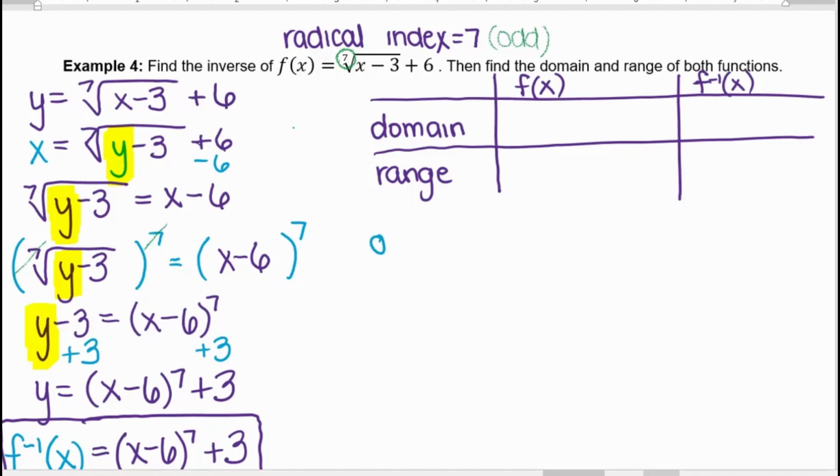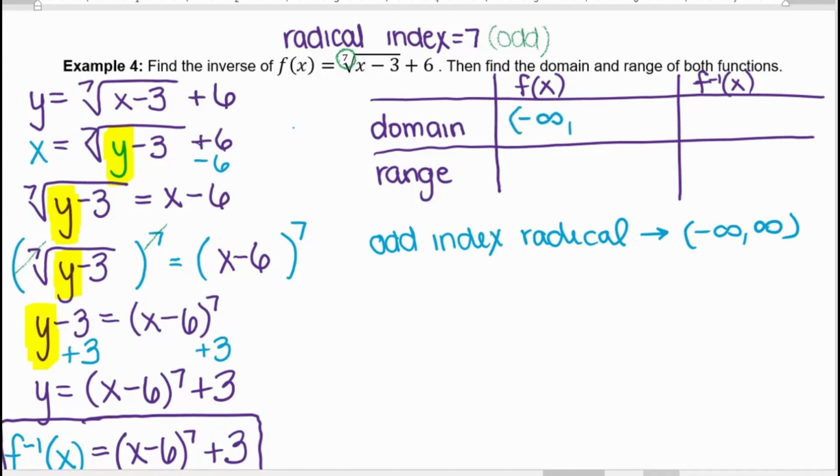When you have an odd index radical, we know that it's automatically going to be all real numbers, negative infinity and positive infinity, because we can plug in anything we want into our function, and we wind up getting a real number.